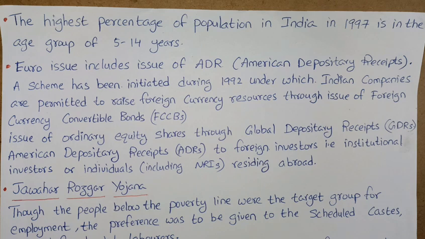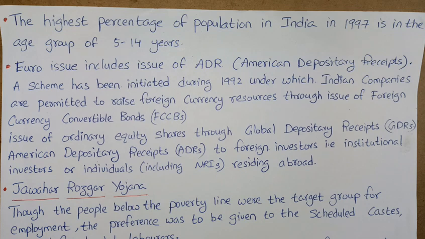Means, if you see the share market, we are permitted to buy the shares or sell the shares which are listed in Indian companies only. But in 1992, we are permitted to invest in other countries also. Means other countries' bonds we can buy, we can sell. Like that, we are getting information about American Depository Receipts.